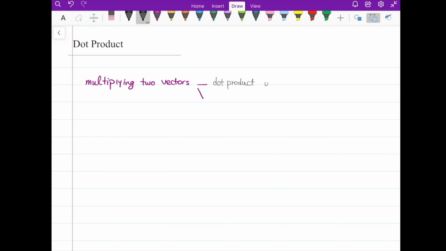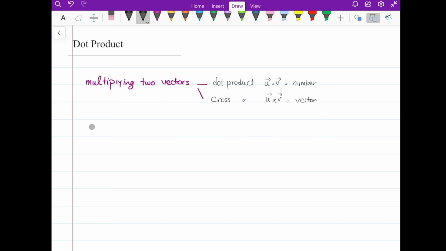We show it by u dot v, and the answer would be just a number. Or we have the cross product. We show it by u cross v, and the answer for the cross product would be a vector. In the next video we're going to talk about the cross product.